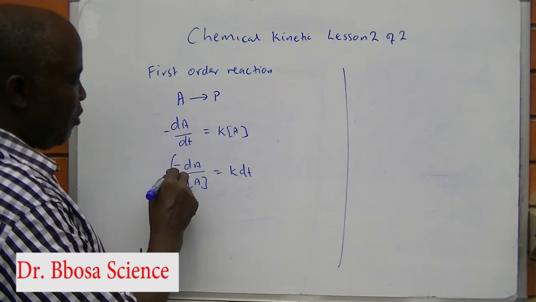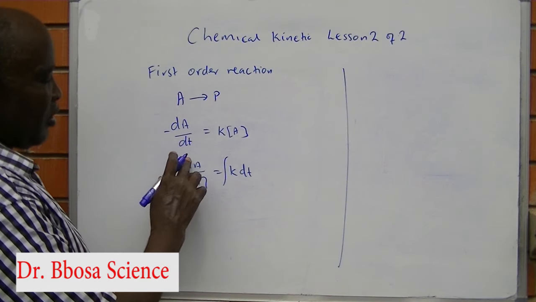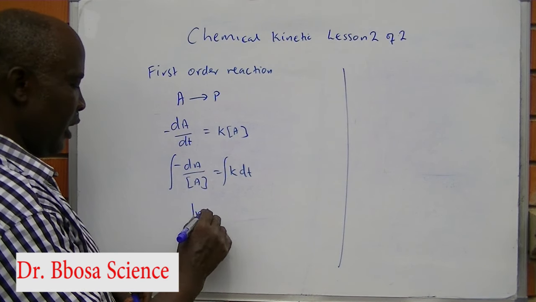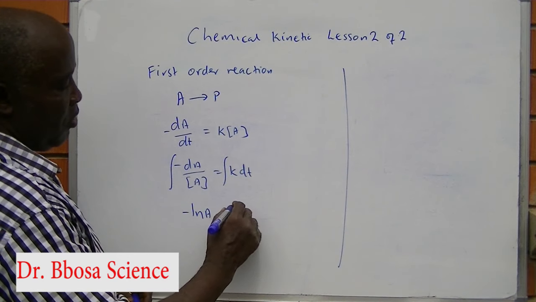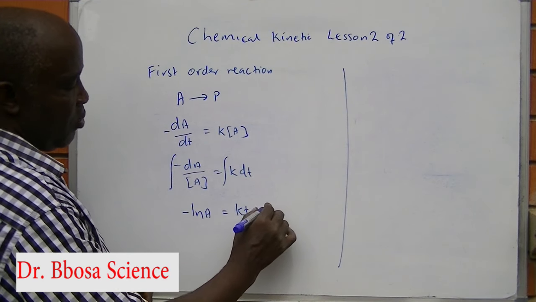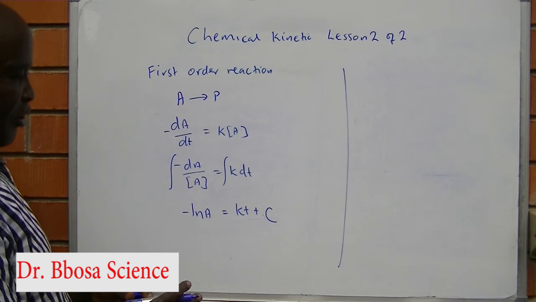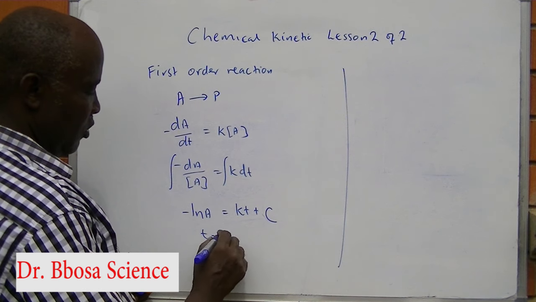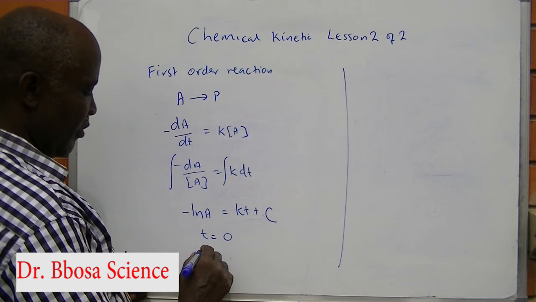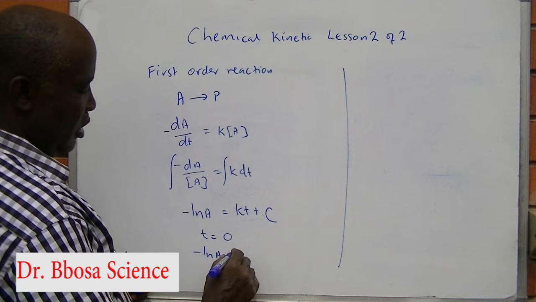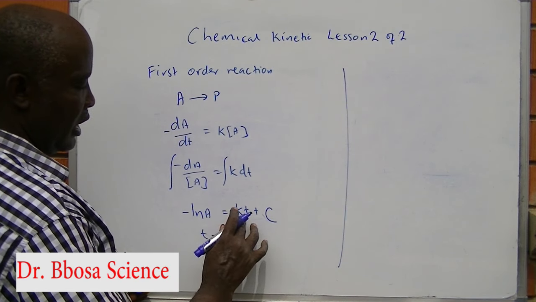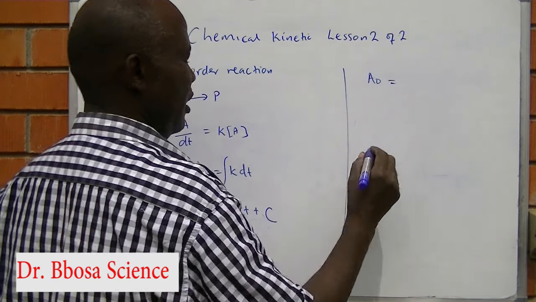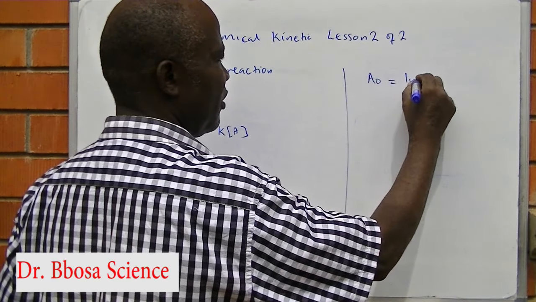If we integrate both sides, integration of 1 over A dA will give us natural log A. This will be equal to Kt plus C. How do we get the constant C? We let t is equal to 0. Therefore, negative natural log A naught is equal to C, because K times 0 is 0, where A naught is equal to initial concentration of A.